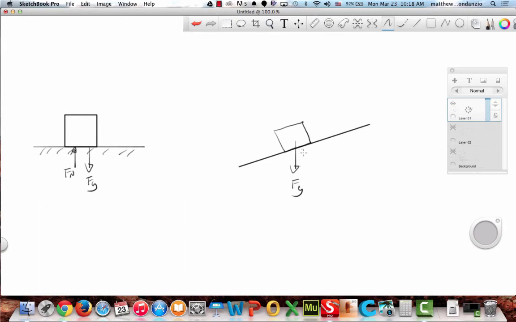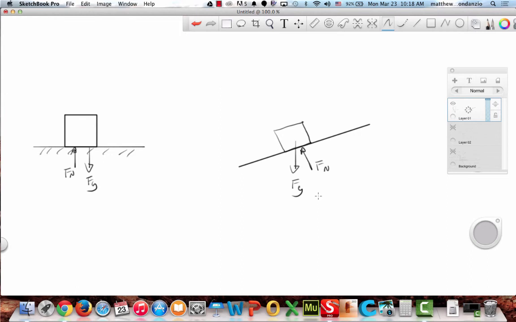So that force is in this direction. We may do a very basic problem on this, and I'll get more complicated with the honors group. But right now, I want you to understand that the normal force is always the force pushing back perpendicular to the object.